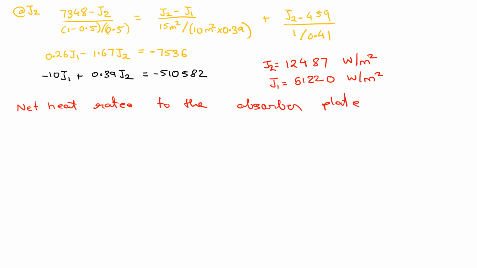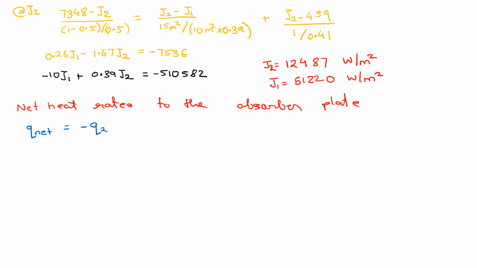The absorber plate was surface 2. So our Q net will be minus Q going to 2.